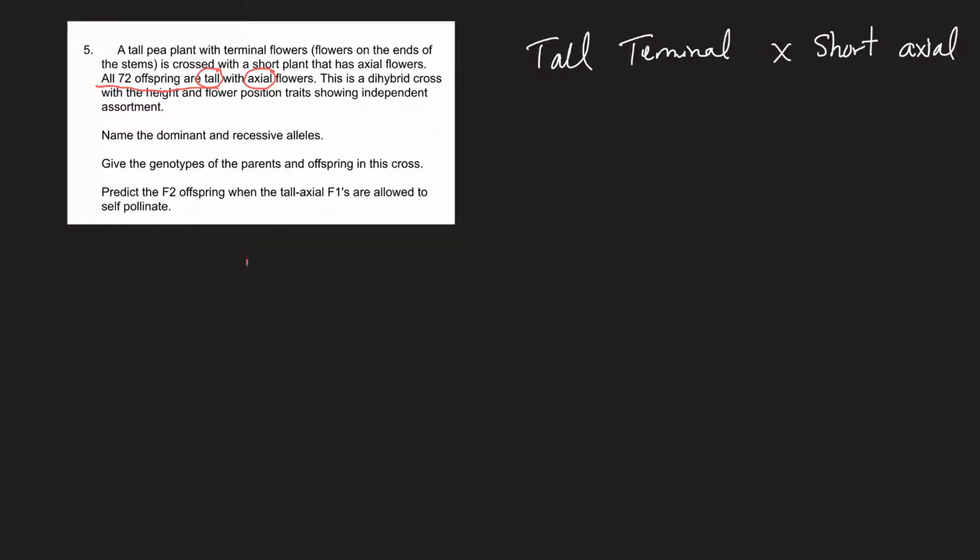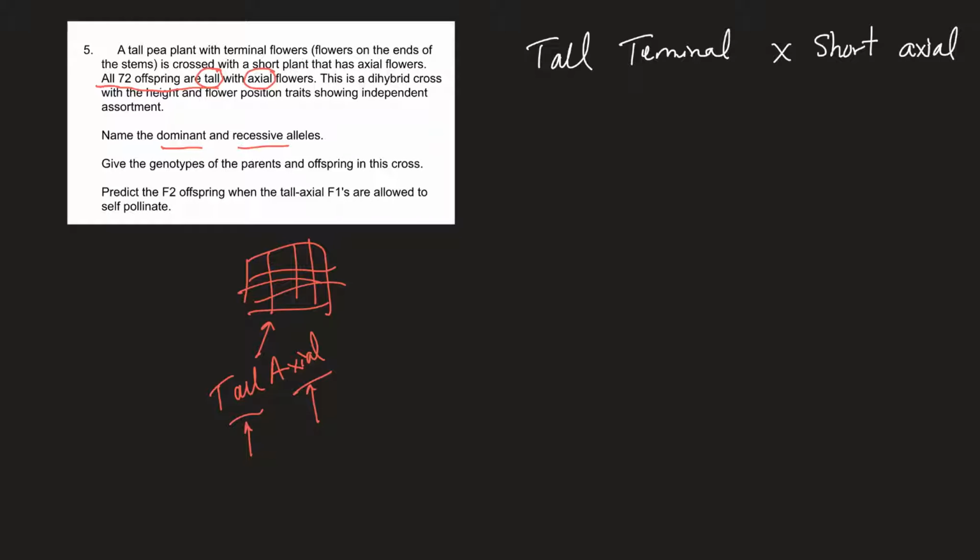So when they do the Punnett square thing, every one of those is tall and axial. Okay, so if they're all tall and all axial, I'm thinking that tall and axial are the dominant ones.